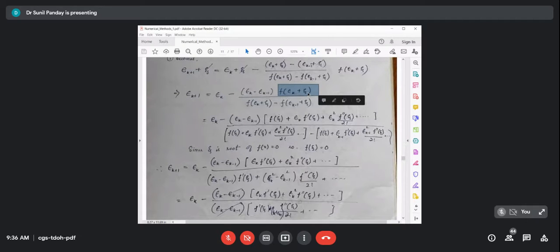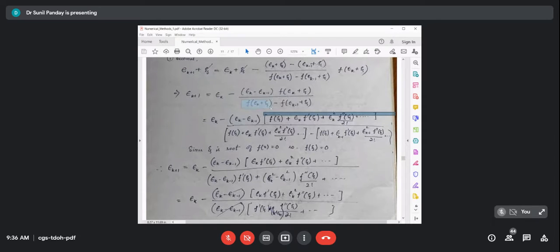Here we are expanding f of epsilon k plus xi in powers of epsilon k about the point xi. So we expand this, and we get f xi plus epsilon k f dash xi plus epsilon k square f double dash xi upon 2 factorial, like this till infinity.